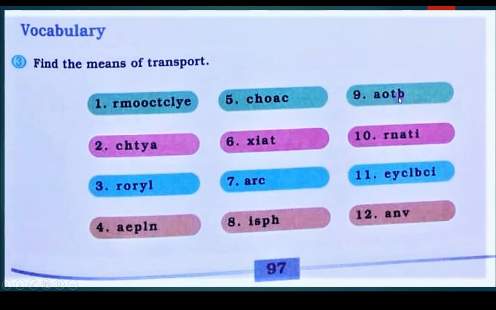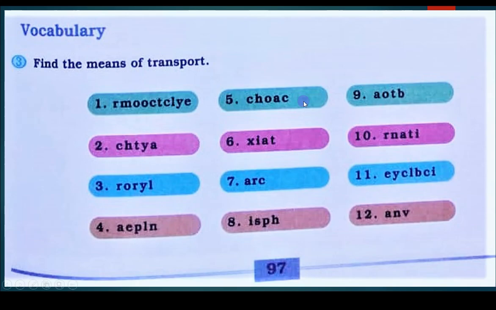9. What do you think? It's also a means of transport that we use to travel by sea or a river. إنها أيضا وسيلة النقل اللي كنستعملها من أجل السفر عبر البحر وخاصة عبر النهر.